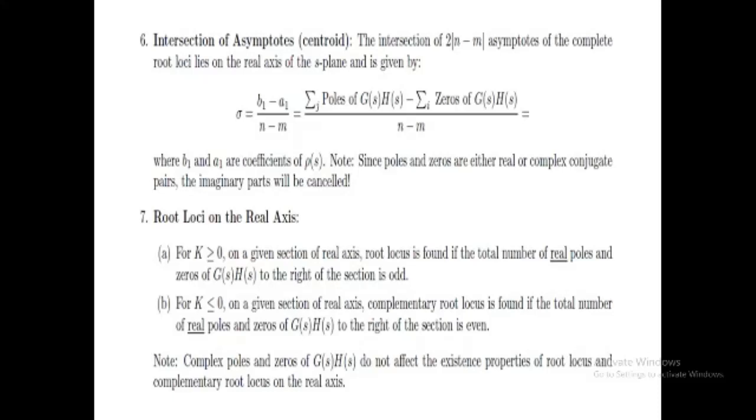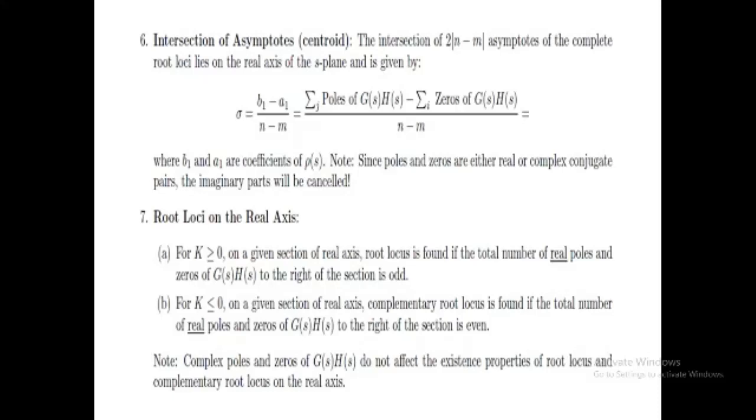For k less than or equal to 0, a complementary root locus is found if the total number of real poles and zeros of G(s)H(s) to the right of the section is even.